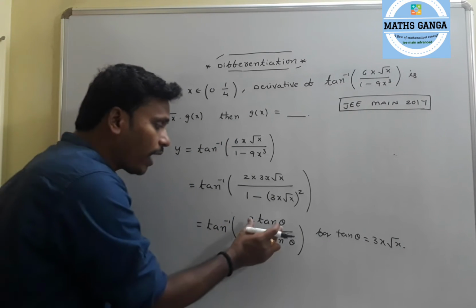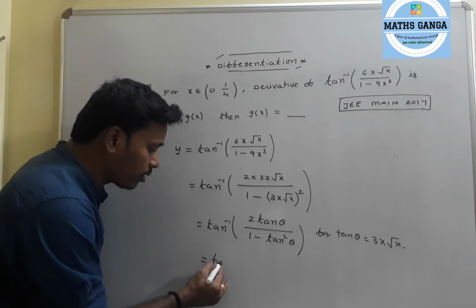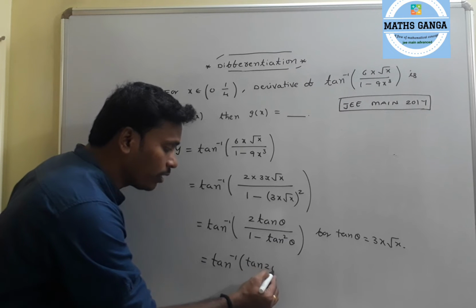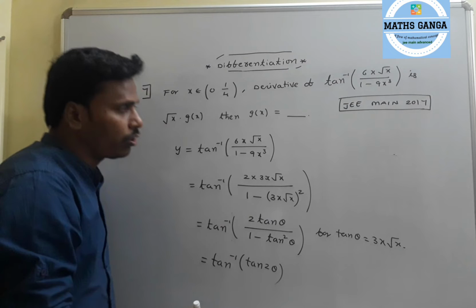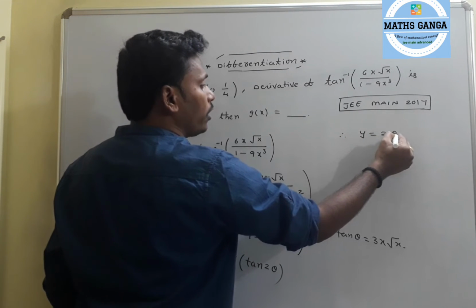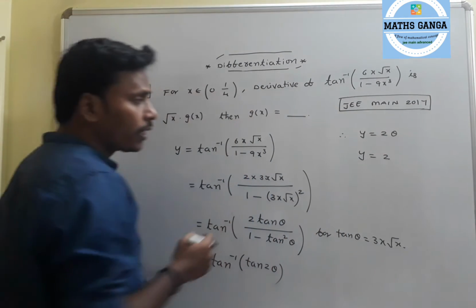And now this 2 tan theta by 1 minus tan square theta is tan 2 theta. So this is equal to tan inverse of tan 2 theta, and tan inverse of tan 2 theta is just 2 theta. Therefore we have y equal to 2 theta.